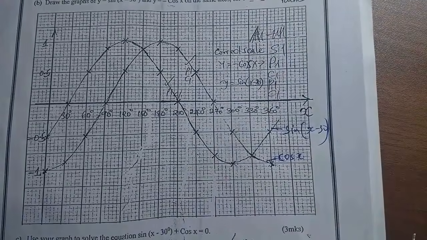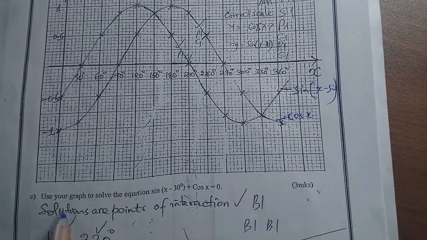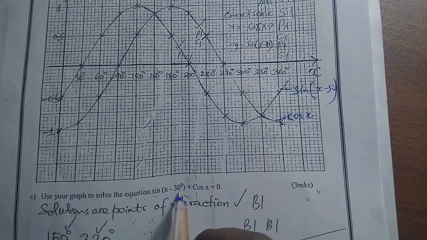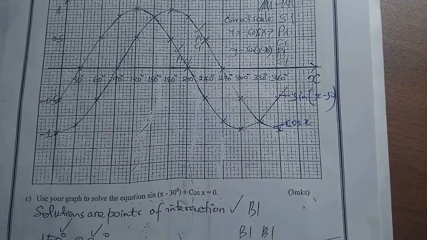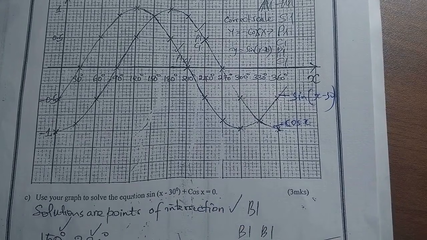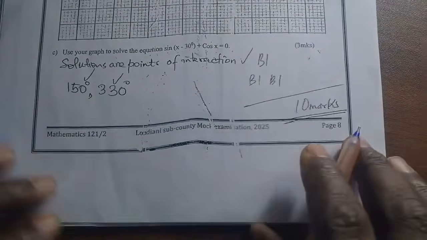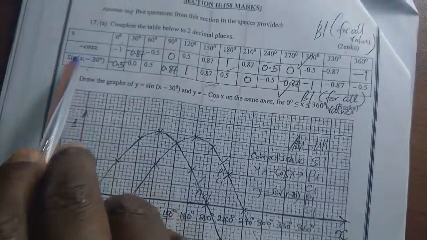Now the question part is where students get a problem. Use your graph to solve sine of x minus 30 plus cos x is equal to 0. This is an equation. This is actually the same as the things we were given: sine of x minus 30 and negative cos x.